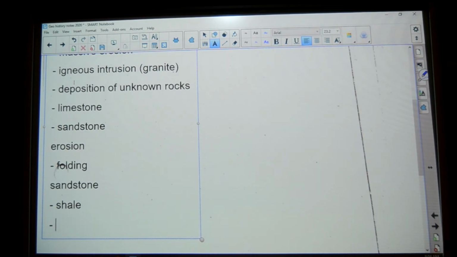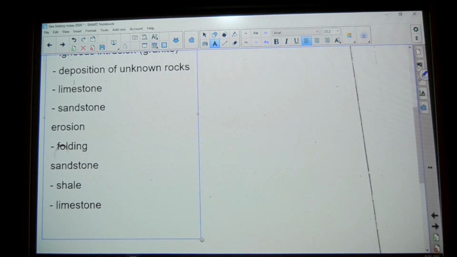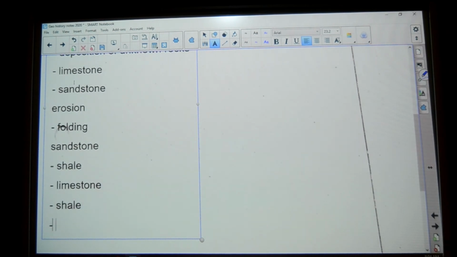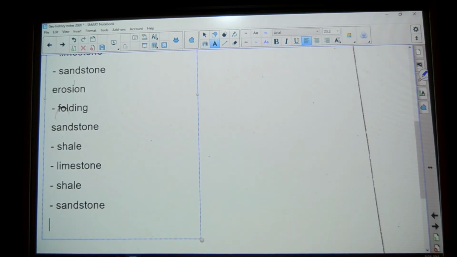Before that, we had limestone. Before limestone, we had shale. And before shale, we had sandstone. And before the sandstone, we had conglomerate.